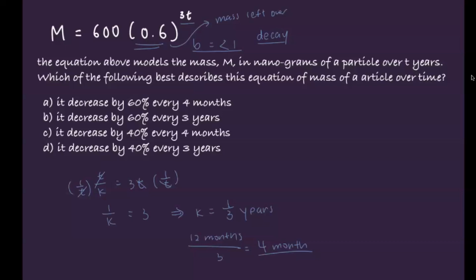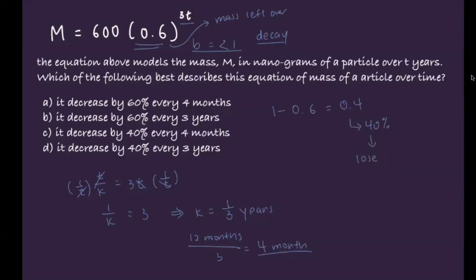So how do we figure out the amount that's lost? 1 minus 0.6 is equal to 0.4, and 0.4 is 40%. So it lost 40%. Looking at our answer choices, we can get rid of A and B since they say 60, which is incorrect. It's 4 months, so our answer is C.